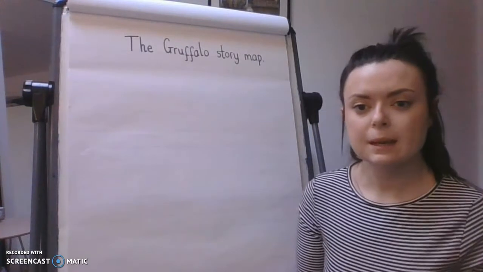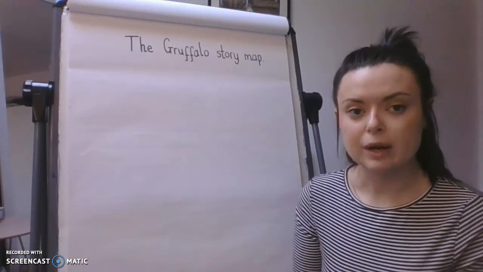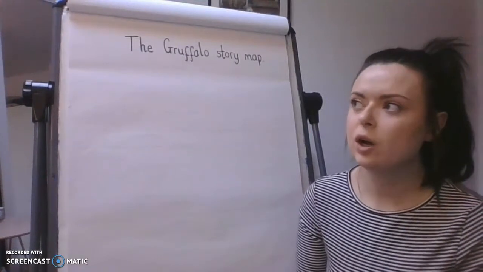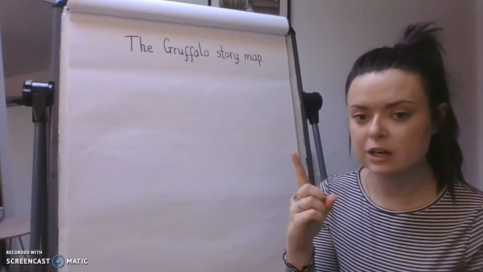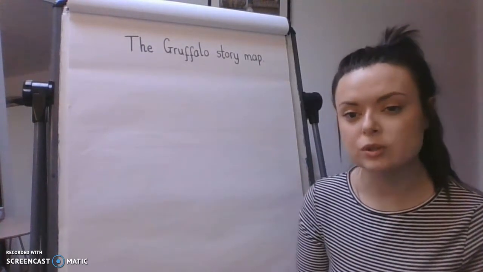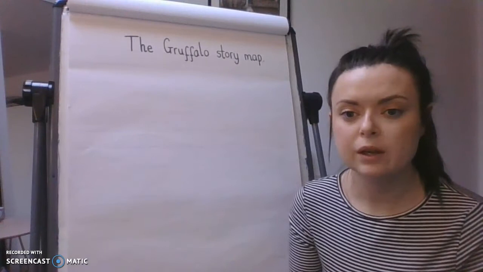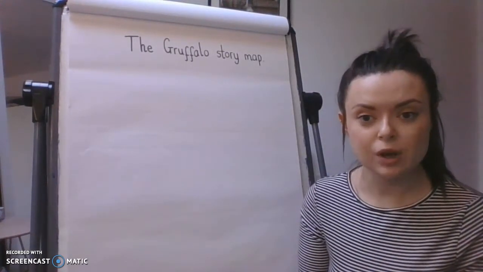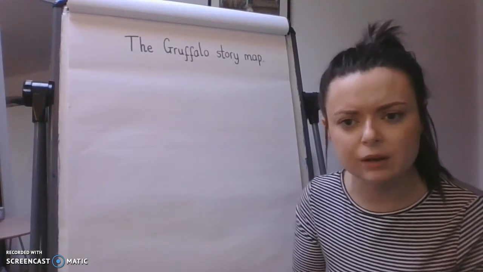So let's think about the very beginning of the story and what happens in it. Thinking back, who, that's our action for who, is the main character that gets introduced at the very beginning of the story? Does anybody know? Well done if you said the mouse. And where was the mouse going?